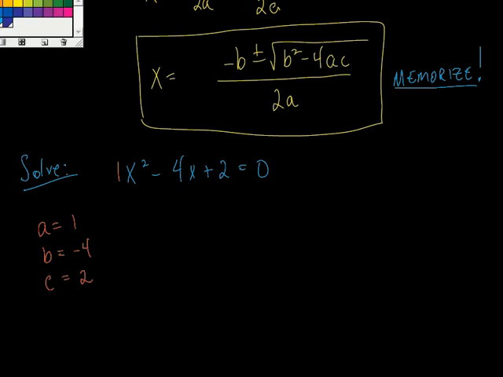So let's do it. Let's write down our formula. X equals negative b. Okay, I'm just going to do it right here. If you really wanted to learn the formula, for every single one of these problems I give you on the worksheet, I would rewrite this formula every single time. Why? You don't need to, but it helps you memorize it.